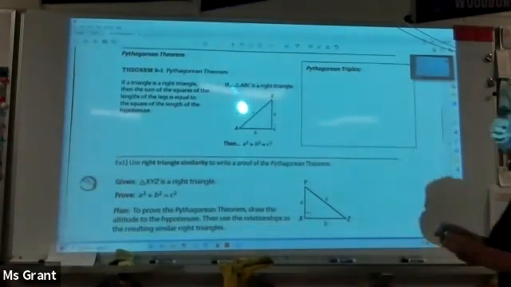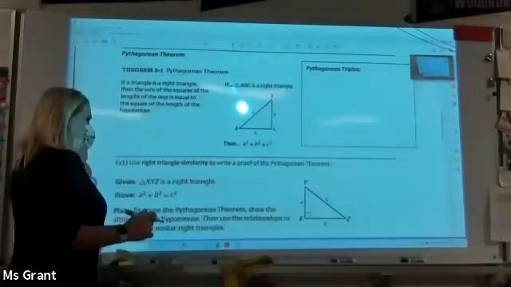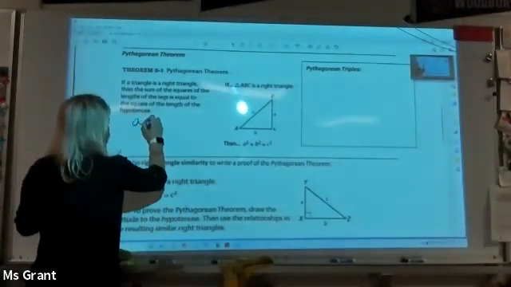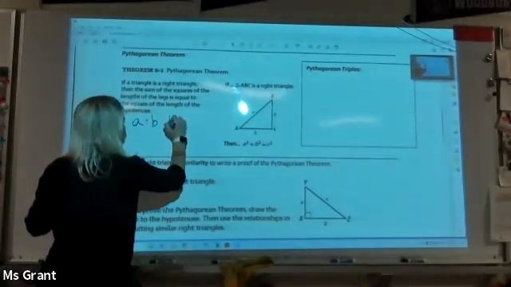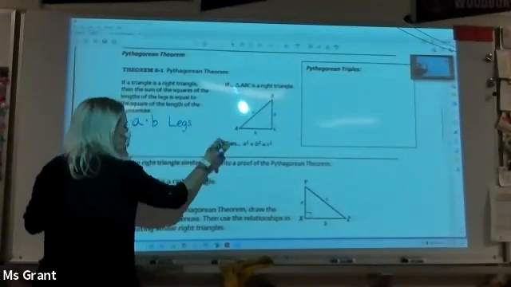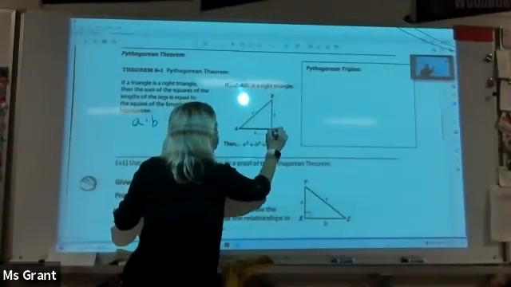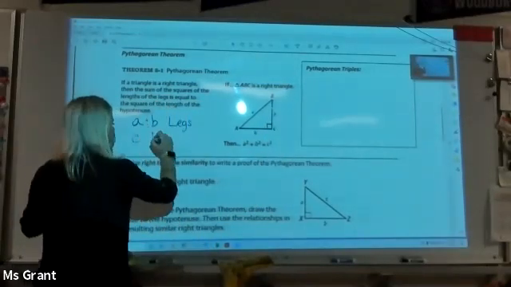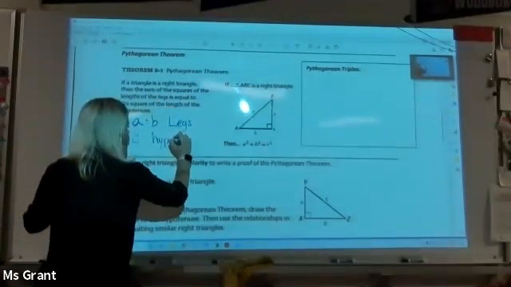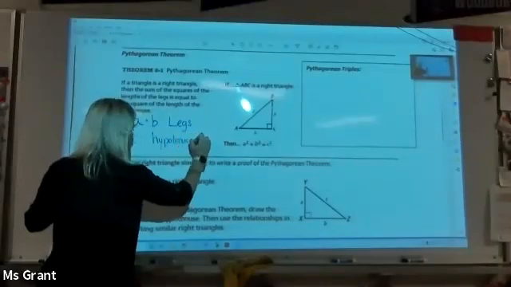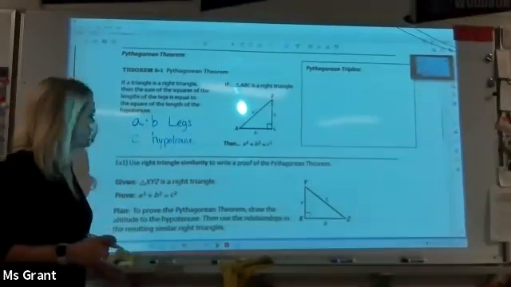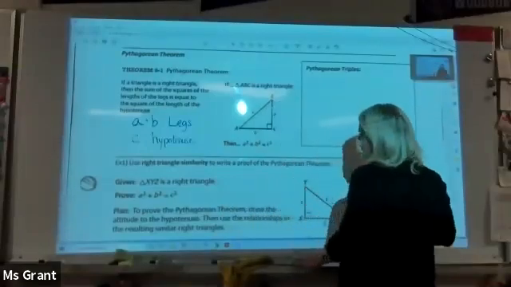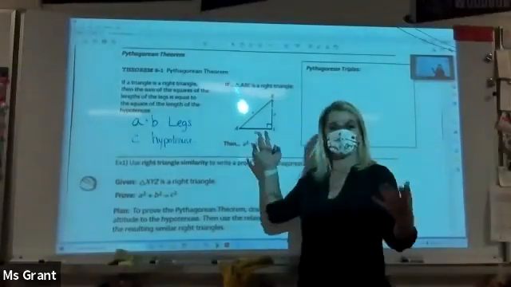A and B, we call the legs because they are attached to the right angle. C is the hypotenuse. Okay? So the formula is a squared plus b squared equals c squared.